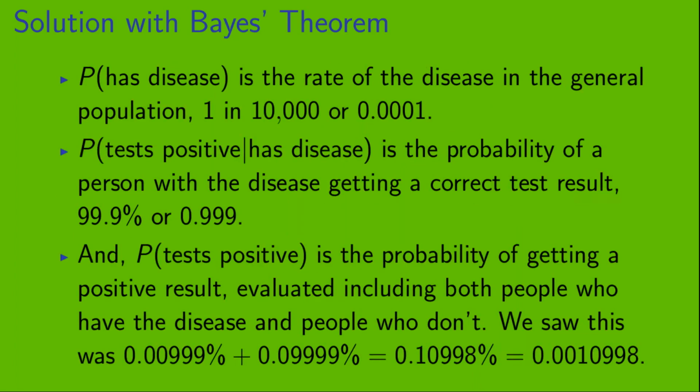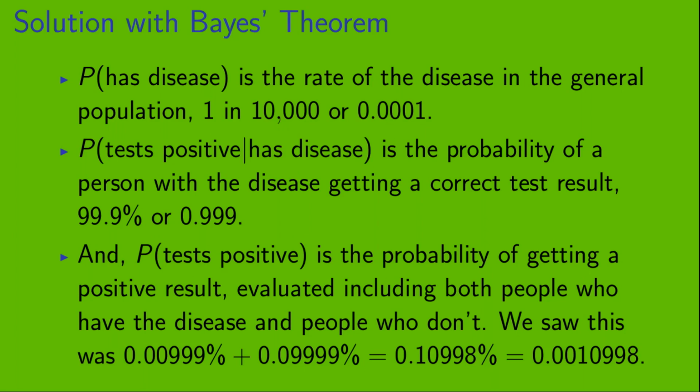Now, the probability that the person has the disease is the rate of the disease in the general population, 1 in 10,000 or 0.0001. The probability that the person tests positive, given that they have the disease, is the probability of a person with the disease getting a correct test result. That was 99.9% or 0.999.